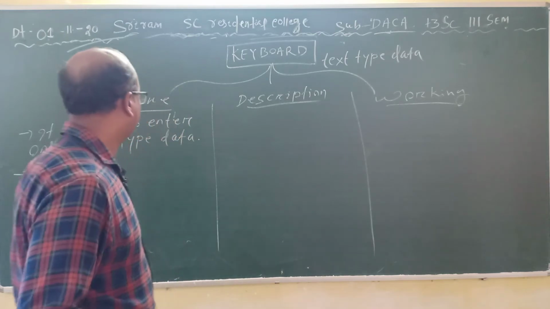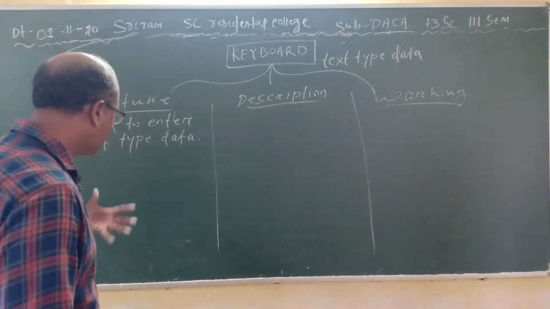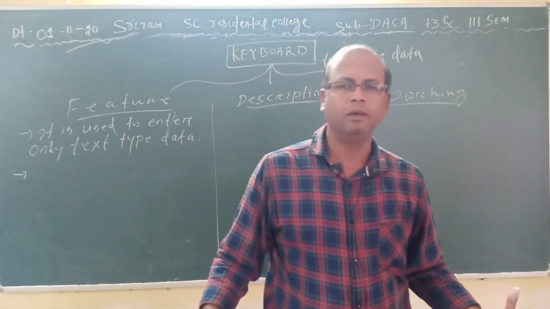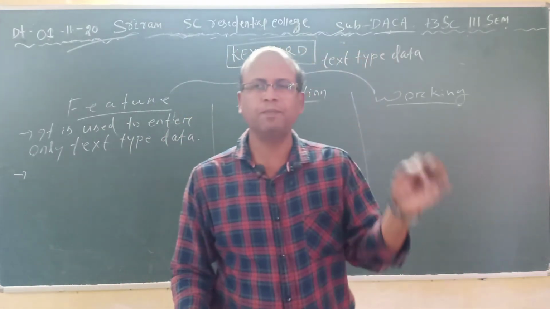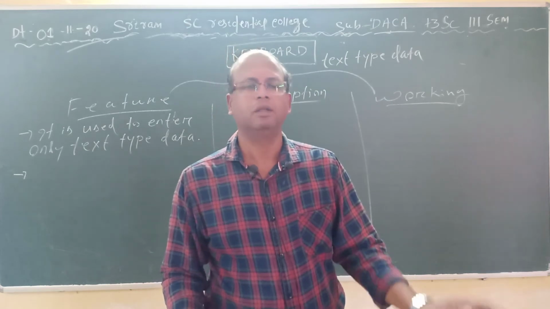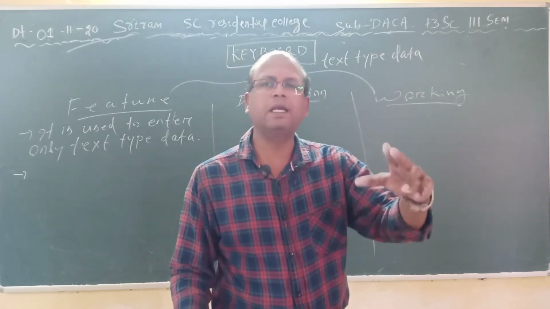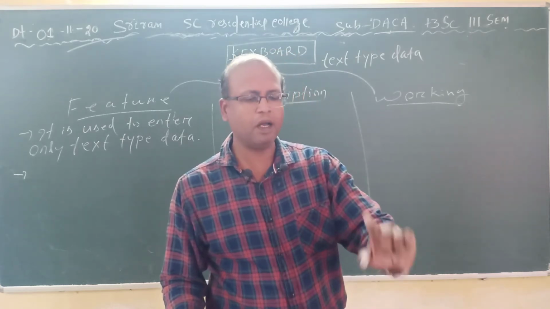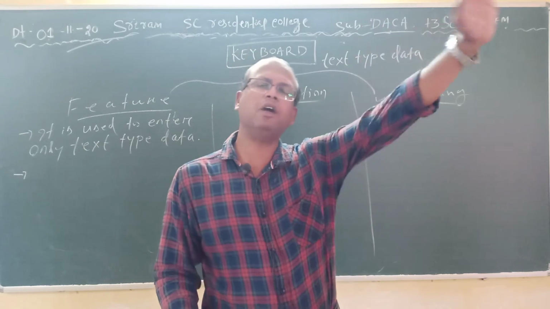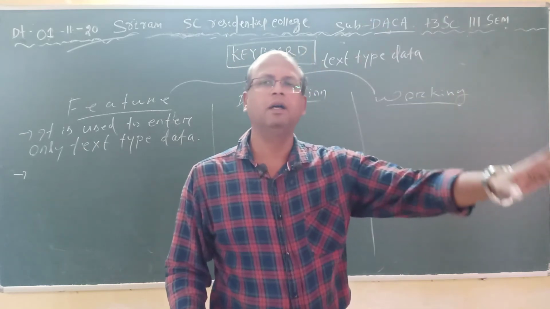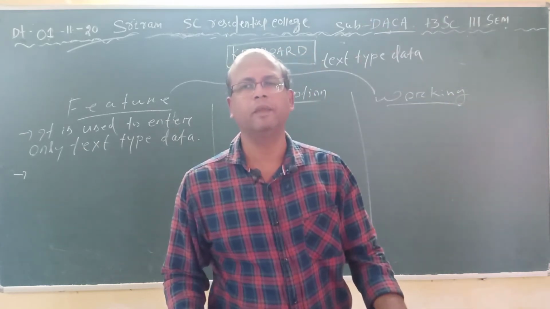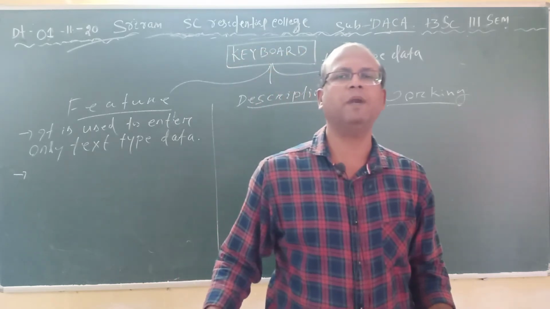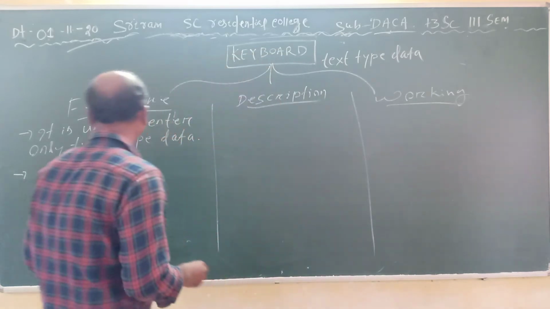The cursor decides the location of the character or number pressed by the user. The user presses a key on the keyboard and that number or character is displayed on the screen where the cursor is. The cursor location decides the location of the displayed key. Clear?